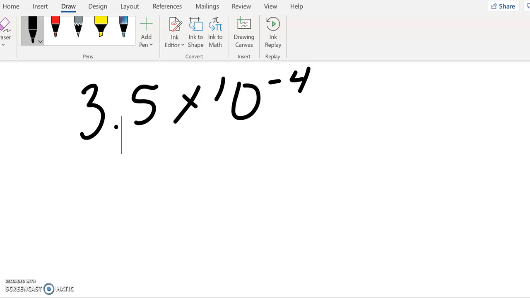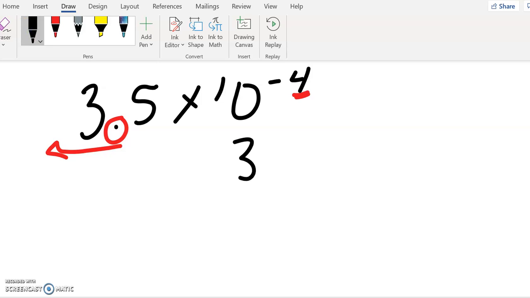So you could think of this 10 to the -4th as 1 over 10 to the 4th. Change that to a decimal and do all that work. It's the same as saying we know that we're going to move this decimal 4 places. And because this exponent is negative, we want to make our base number, that 3.5, smaller. And to make it smaller, the decimal's got to go left.